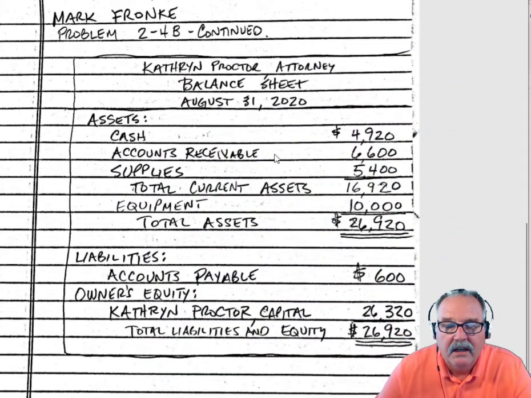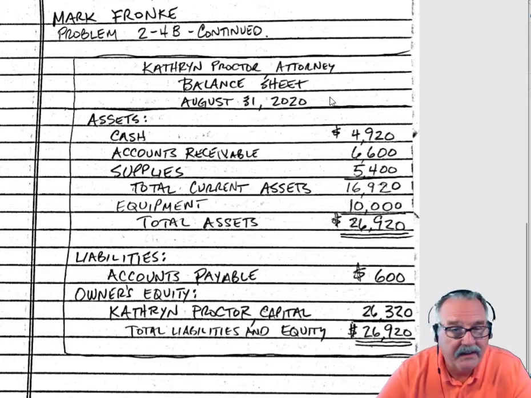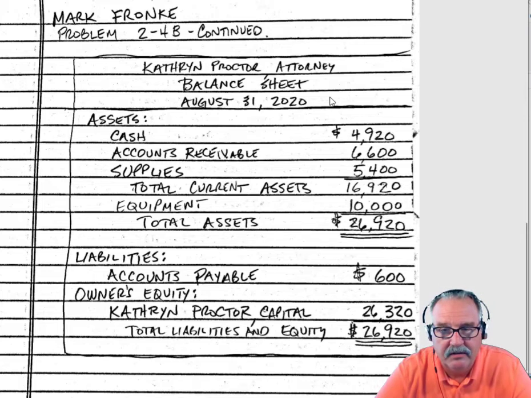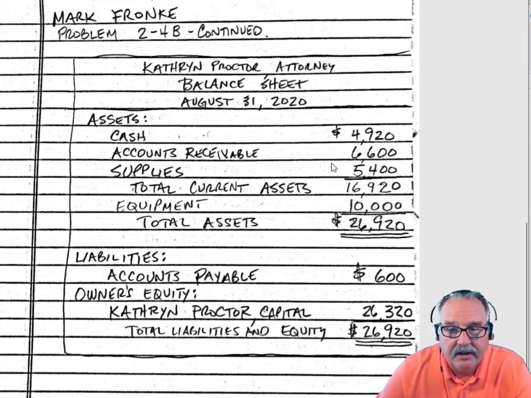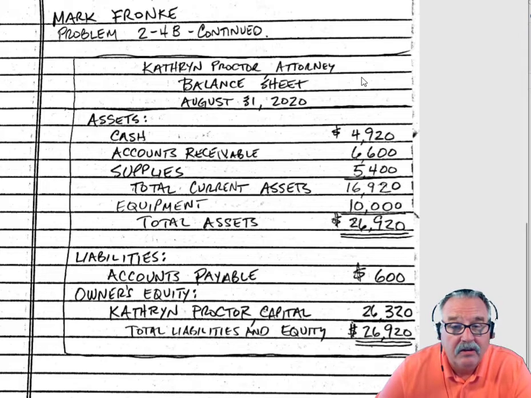Now for the balance sheet, because the balance sheet is a snapshot as of a moment in time, we don't put for the month ended. This is just at midnight on August 31st. Here are the balances. Again, dollar signs top and bottom with a double line. I've drawn a line every place where I've done a math function. Now the balance sheet has two sets of dollar signs because in effect the balance sheet is two statements.